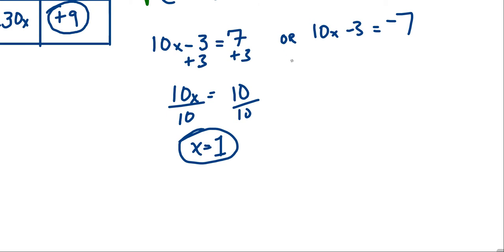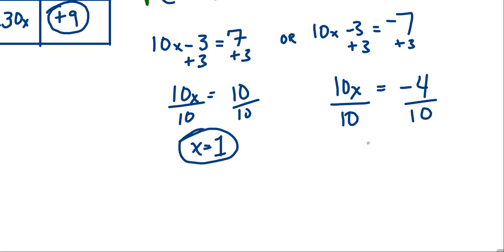On the other side, we have the or. We're going to add 3, exactly the same as here. Add 3, add 3. So minus 7 plus 3, negative 4 equals 10x. Divide by 10, and divide by 10. So we have x equals negative 4 over 10.